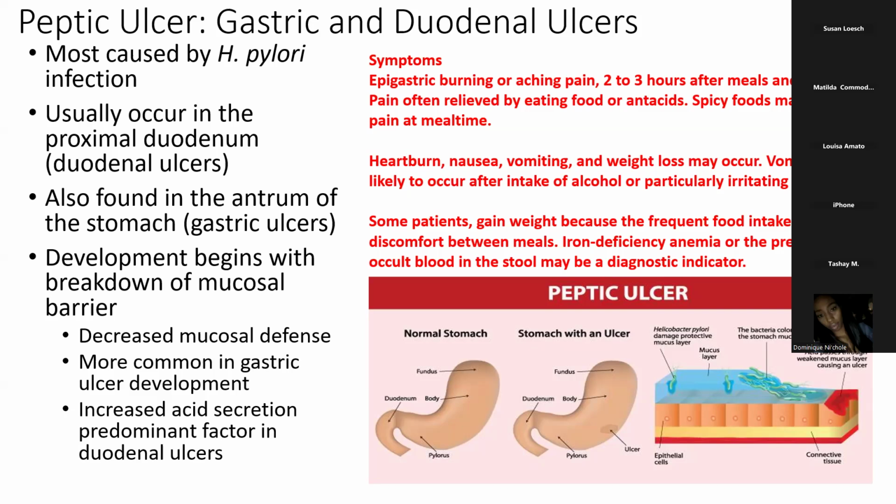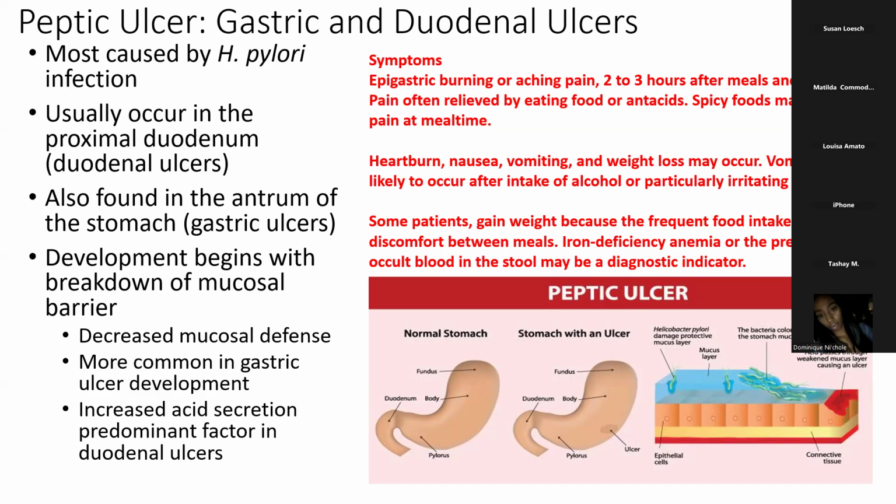So now we have things like epigastric burning because that acid is eating the lining there. Aching pain 2 to 3 hours after a meal, a lot of times at night. So they'll try to relieve that pain by eating food or antacids, or some people drink milk. They'll have symptoms like heartburn, nausea, vomiting.